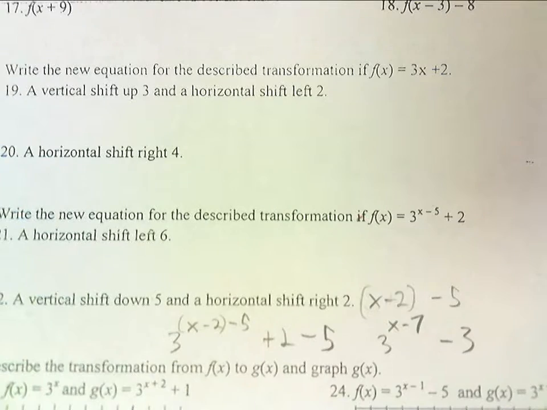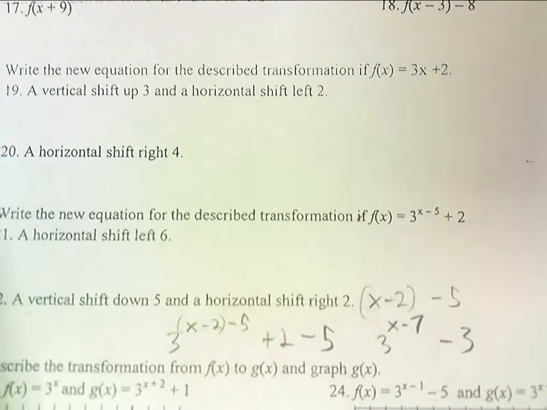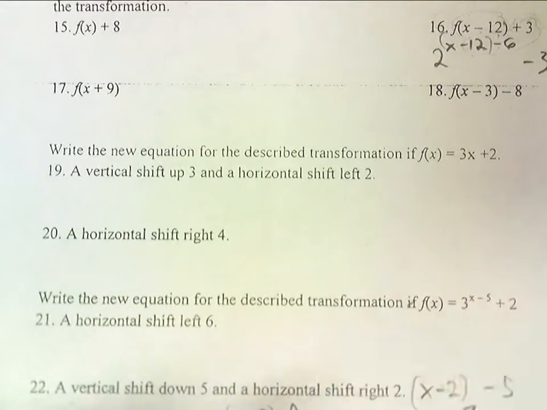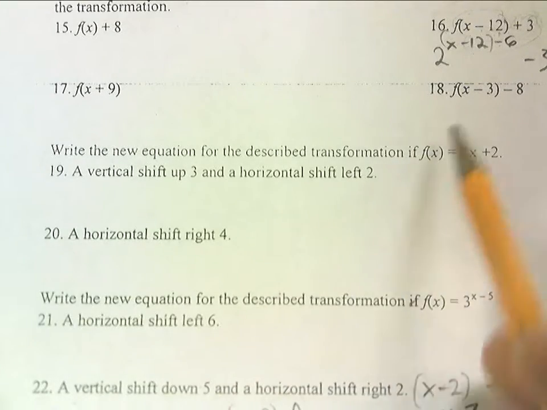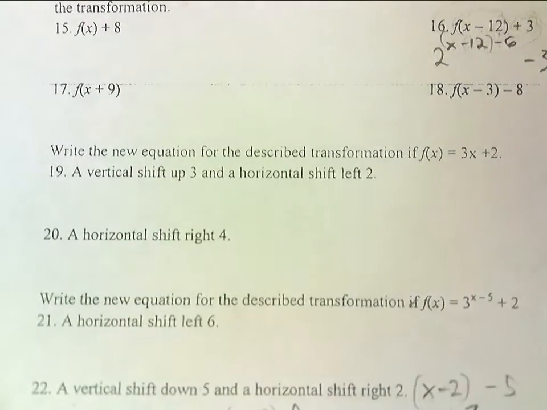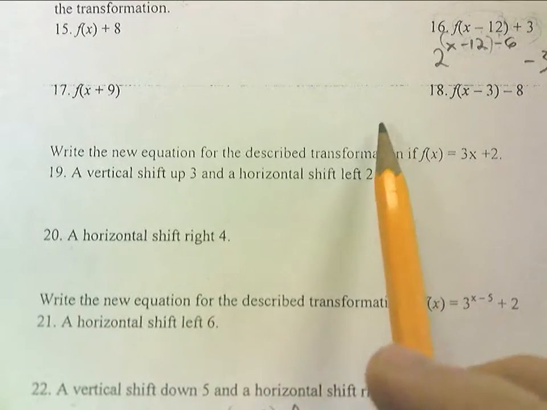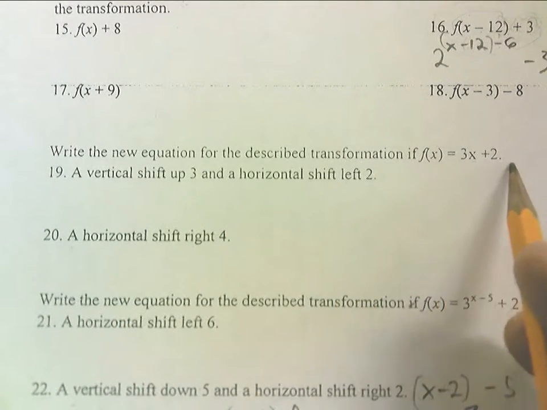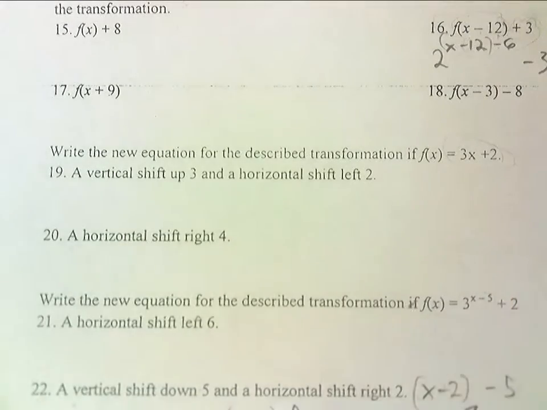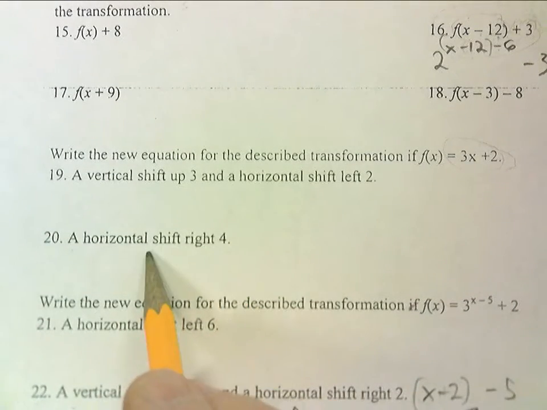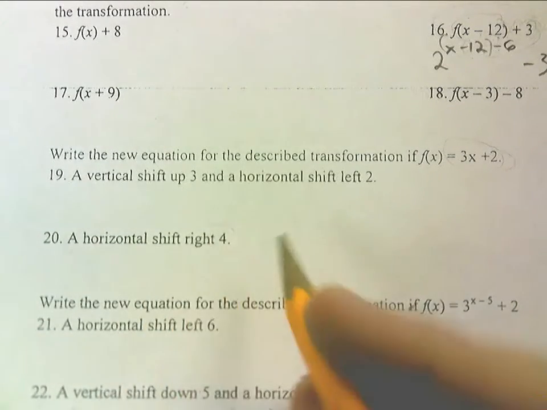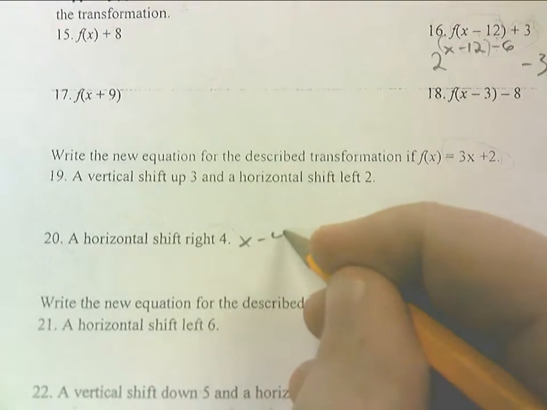Okay, and let's do a linear equation just to make sure we're seeing the difference between those two, since I just did 2 exponential. So 20 is a horizontal shift to the right 4. So if I apply that to 3x plus 2, remember the horizontal shift to the right, that means I'm going to be subtracting 4 to my x.